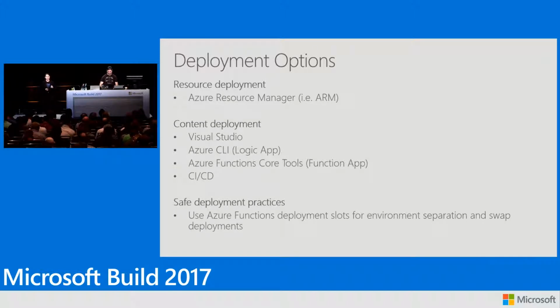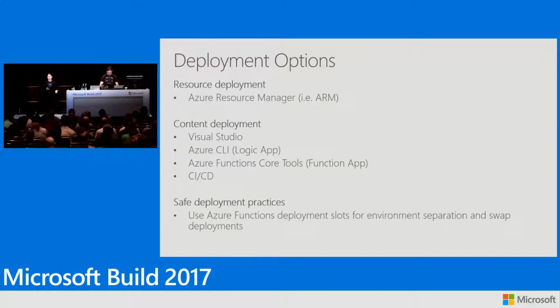And we use ARM templates to deploy. And then once you deploy your resources, you can deploy content, or you can do it at the same time. We have great options for that as well. So you can use Visual Studio, you can use the CLI, or Azure Functions Core Tools, and you can also expect continuous integration to work just like you're used to.